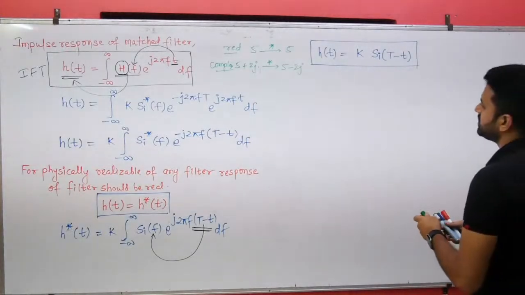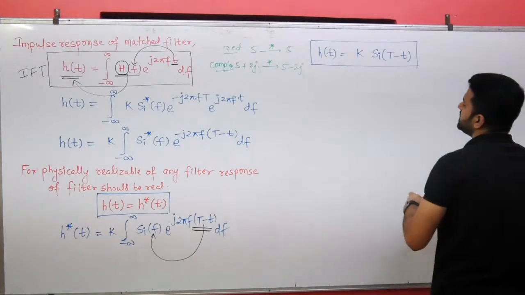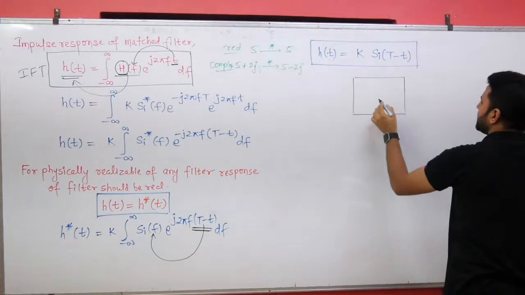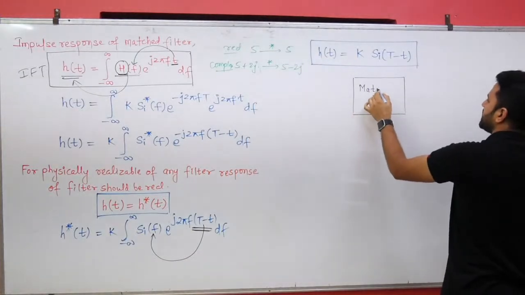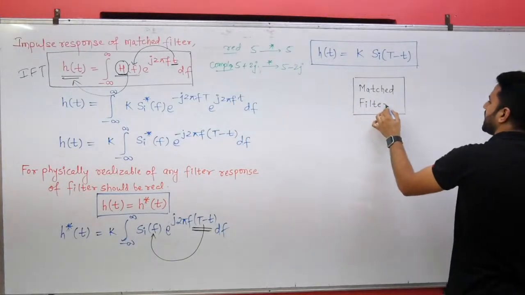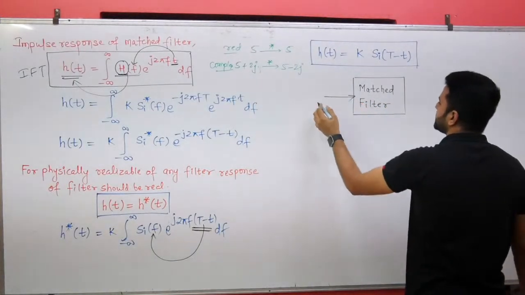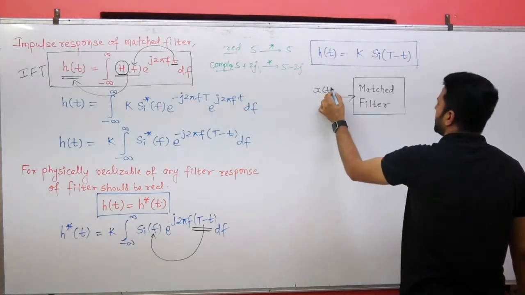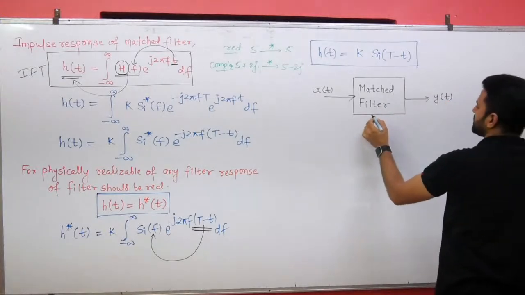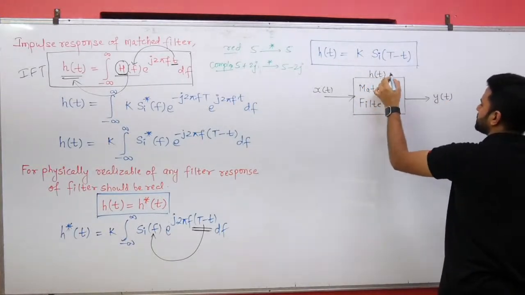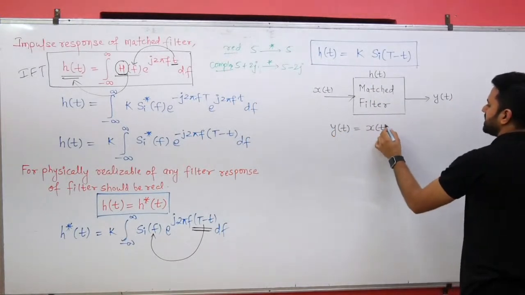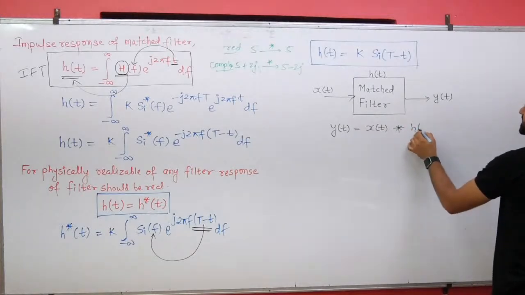Okay. Now it means that whenever you have the matched filter, in the question suppose you have the matched filter and we have the input say x of t and the output say y of t, and the response of the filter is suppose h of t, then the output y of t is x of t convolved with h of t.